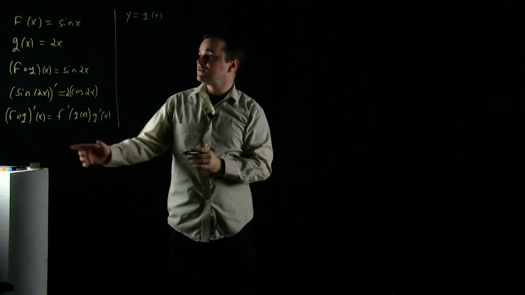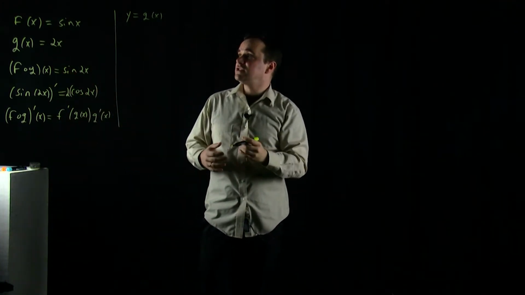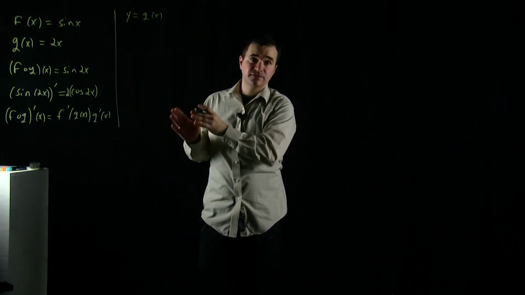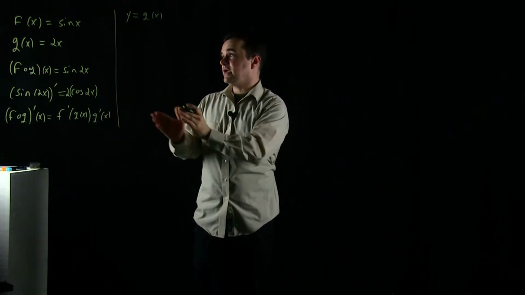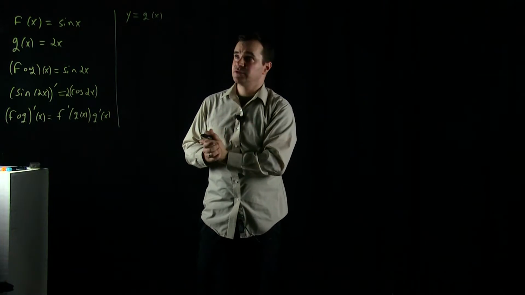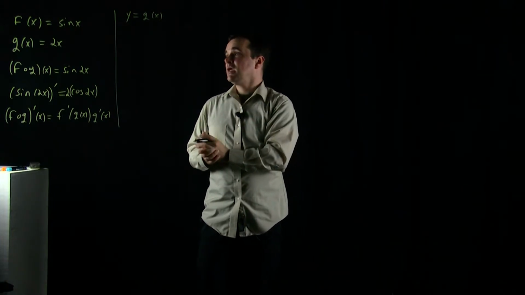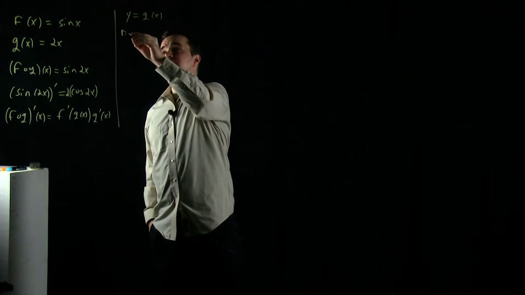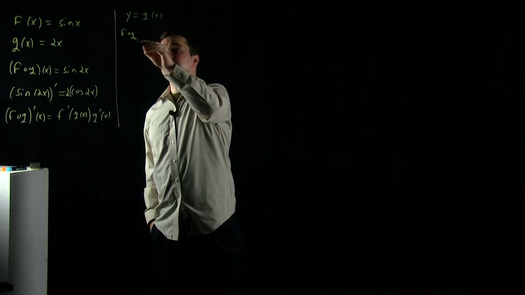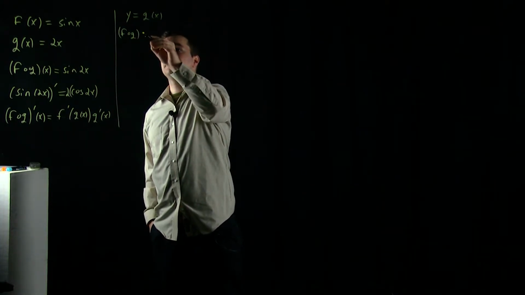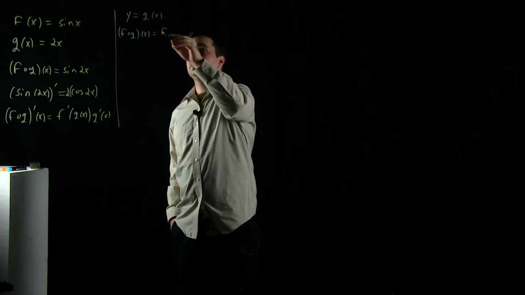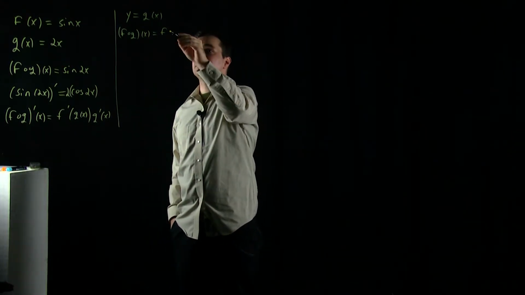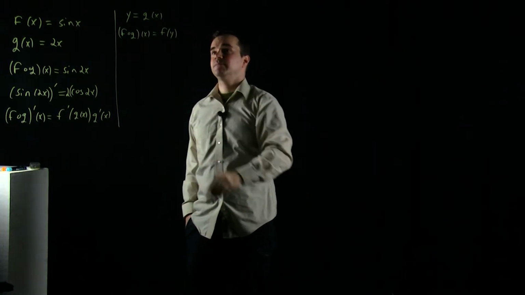But this is going to be true for any functions f and g, so long as f is differentiable at the point g of x, and so long as function g of x is differentiable. And then your composition, f composed with g of x, that's just plugging g of x into f, so that's just f of y.